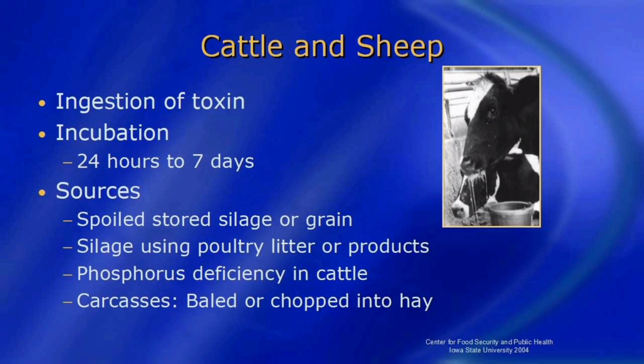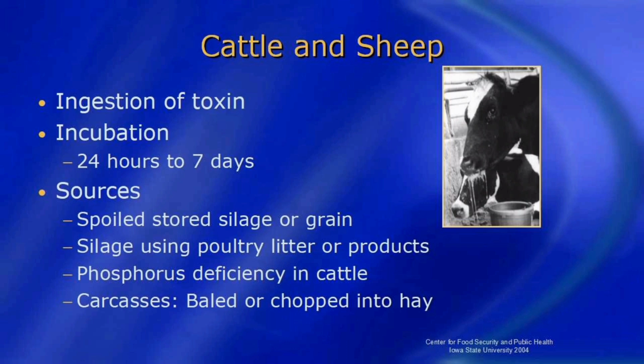Silage incorporating poultry litter or poultry products can also be a source of botulism toxins. Cattle with phosphorus deficiencies can obtain the toxins via the ingestion of soil while exhibiting pica. Finally, carcasses unintentionally baled into hay or chopped into hay cubes or pellets may potentially contribute to botulism in ruminants.